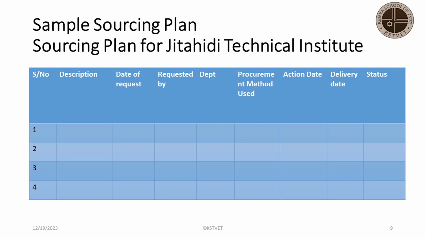We have the procurement method to be used, where you will indicate the method that has been used to procure that particular item. We have the action date, and this is the date when the item was ordered for. We have the date of delivery, and this is the date when the item was delivered. And lastly, we have the status, which may include whether the item was delivered, and if the item was not delivered, we'll indicate pending.